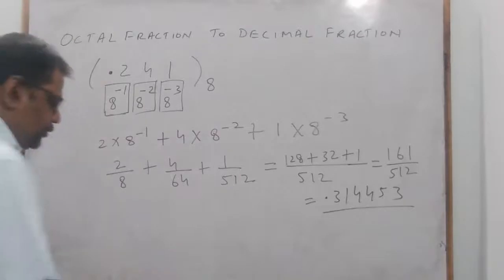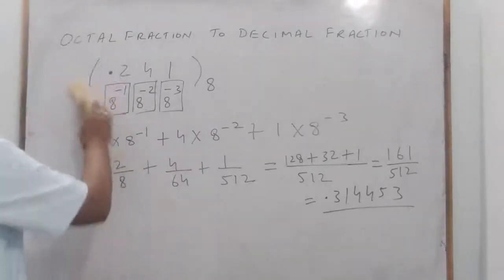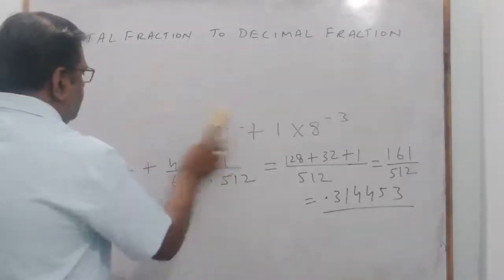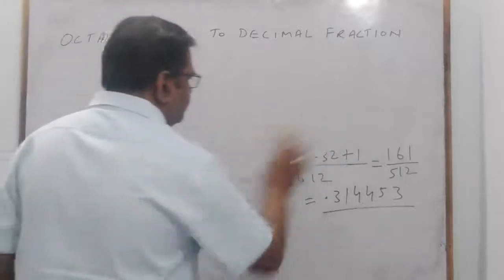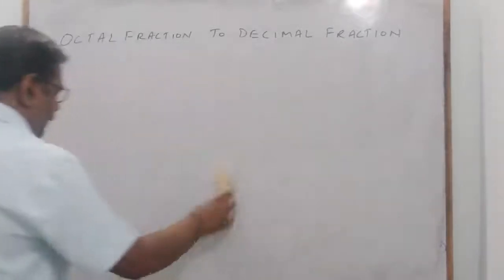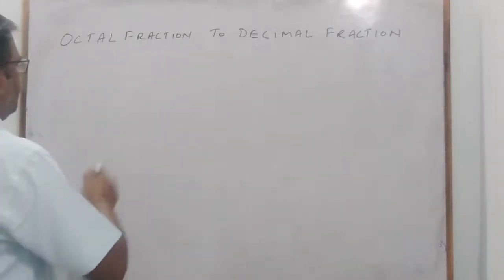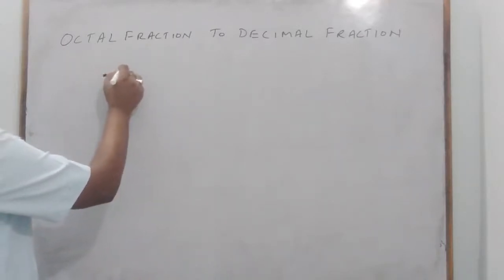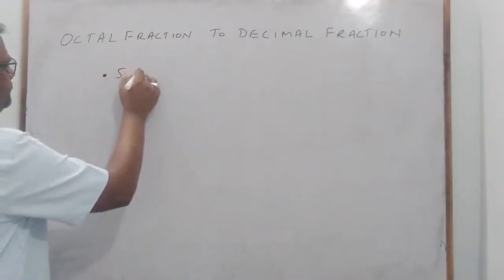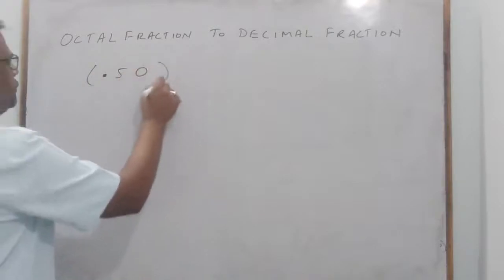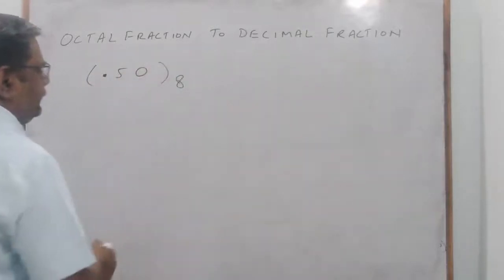Let's take one more small example. Let's look at the process once more. Suppose I am taking 0.40 to the base of 8 and you have to convert it into a decimal.